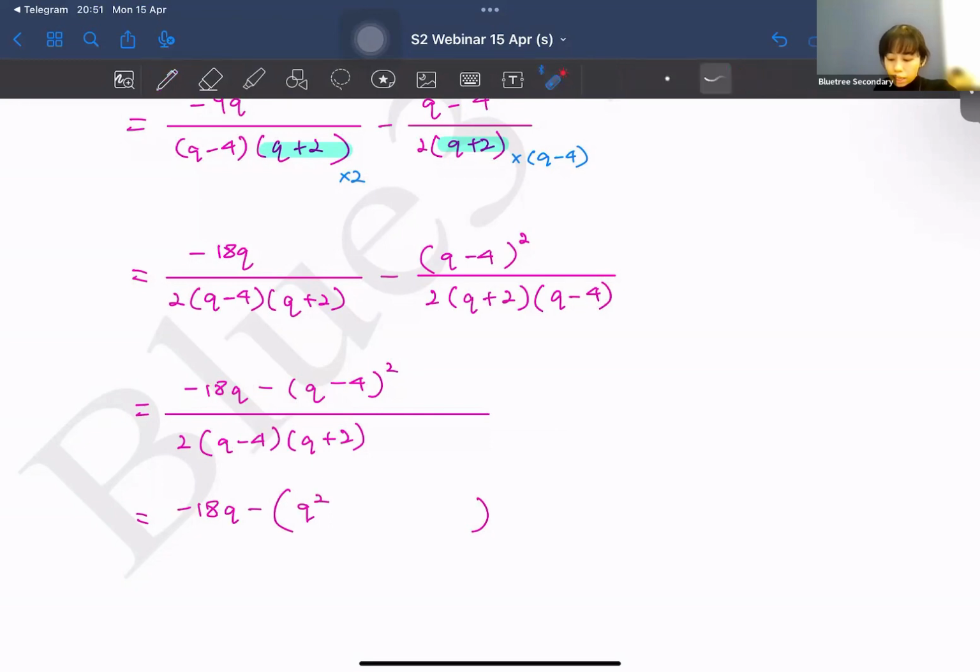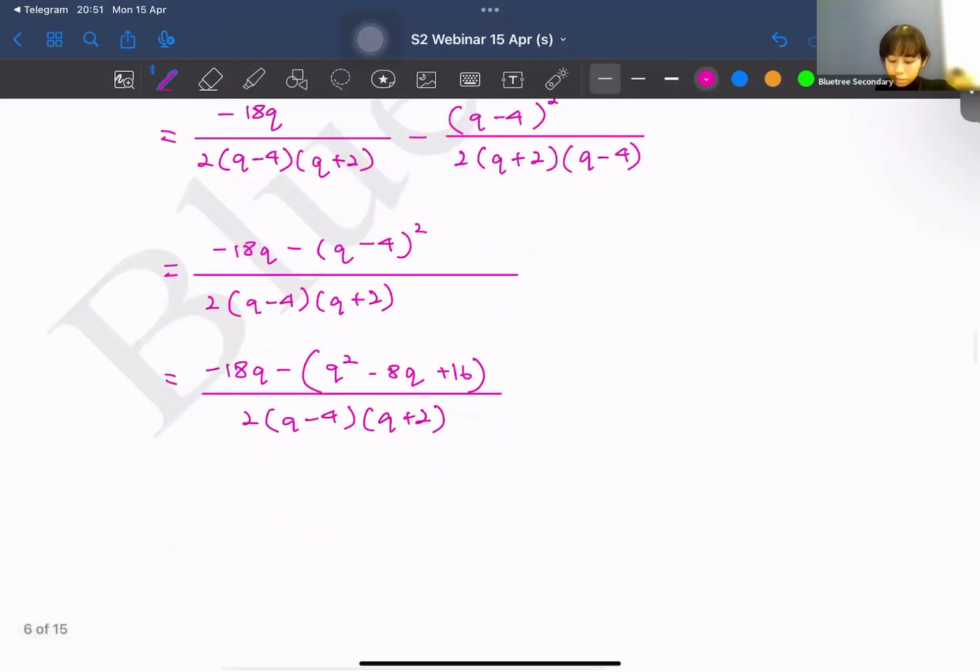So I'm using the second identity to expand this out. Finally, expand out your numerator and simplify your numerator.